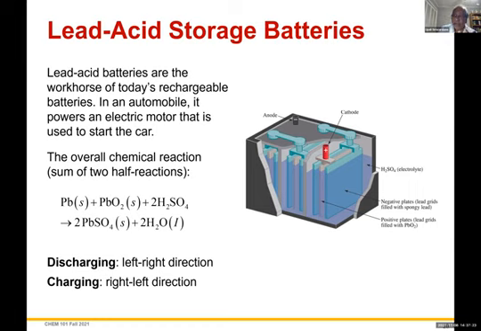Once the car is started, the alternator automatically produces more than 12 volts in the opposite direction. The car battery is only used when you are cranking the engine, starting, or turning on lights while the car is not running. While the car is running, the alternator keeps it recharged.